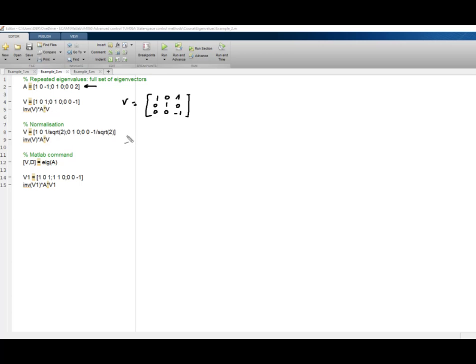So what is done over here is what we have done also in example 1. We can give the last vector V3 here a unit length, and then you'll have 1 0 0, 0 1 0, and then 1 over the square root of 2, 0, -1 over the square root of 2.